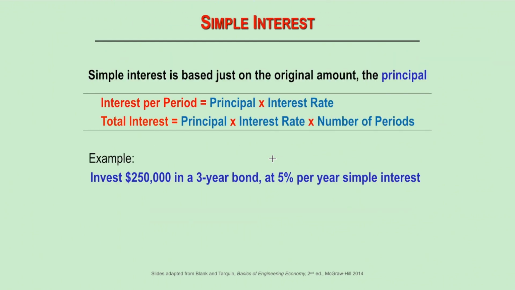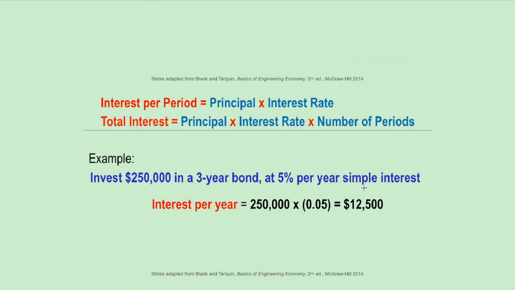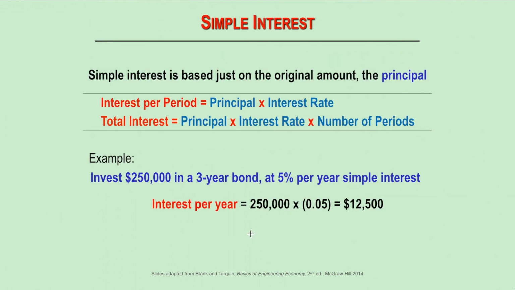You have a $250,000 investment in a 3-year bond at 5% per year simple interest. So interest amount in 1 year is given by the principal amount, which is $250,000, multiplied by interest rate per year, which is 5%, and that gives you $12,500 of interest per year.